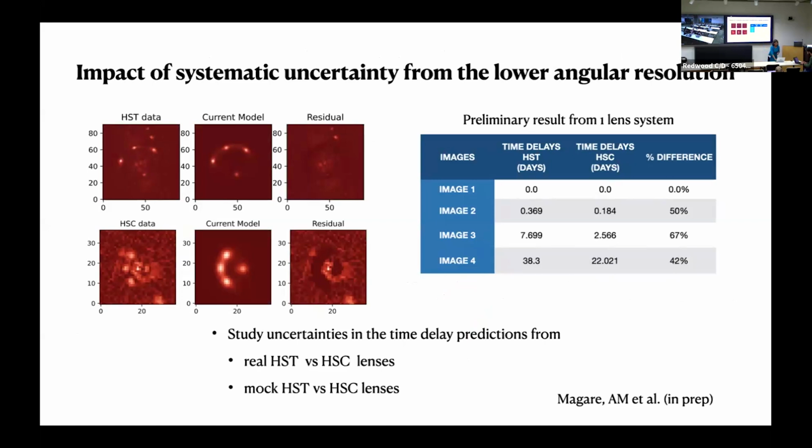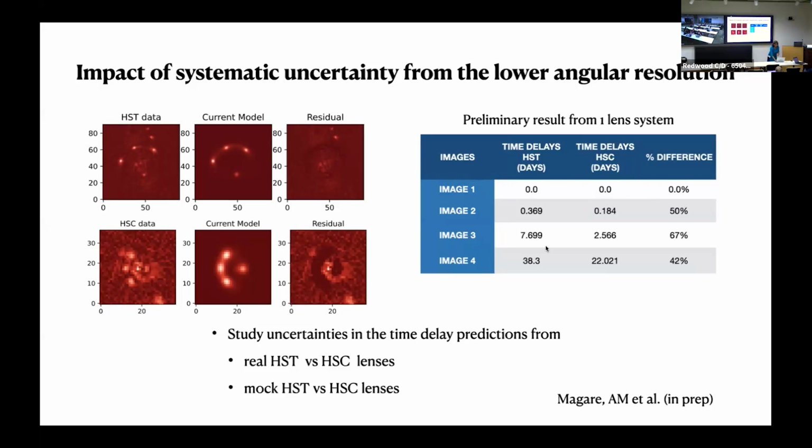Here are some preliminary results where we have modeled these systems, common to both HST and HSC, and we're trying to compare how the time delay predictions from our analysis change when we go from space-based resolution to ground-based resolution.